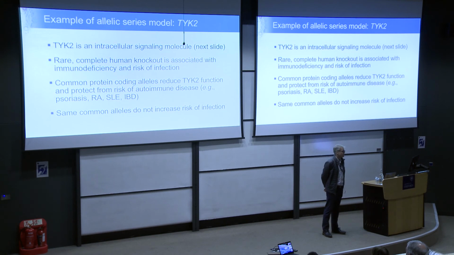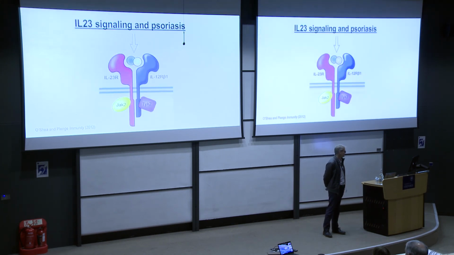And what I'll show you using UK Biobank as an example is that these same common alleles that protect from autoimmunity do not increase risk of infection. So you begin to see this concept of an allelic series and a therapeutic window.